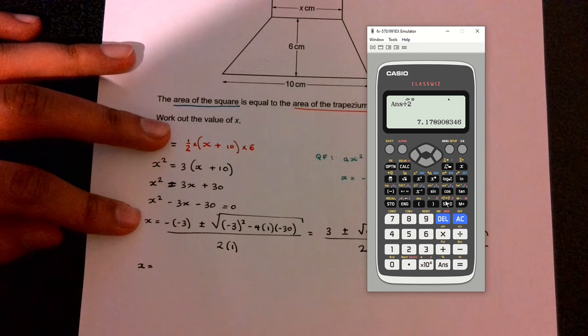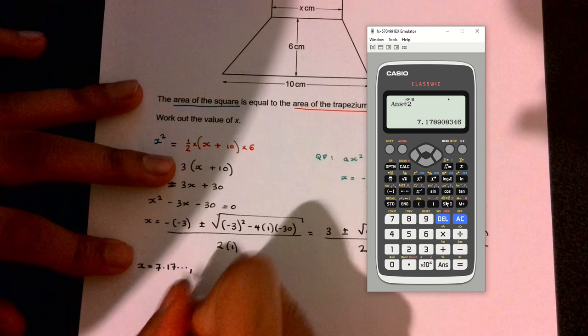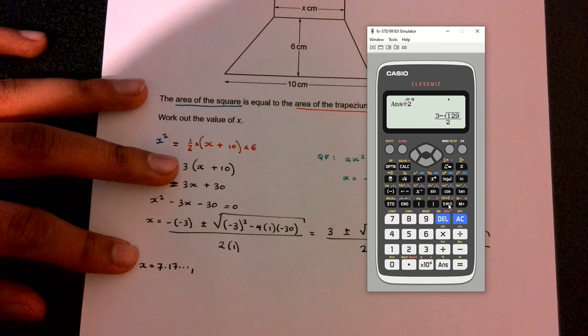We get an answer of 7. Or we end up with, well, if we have 3 minus root 129 divided by 2, we have minus 4.17.